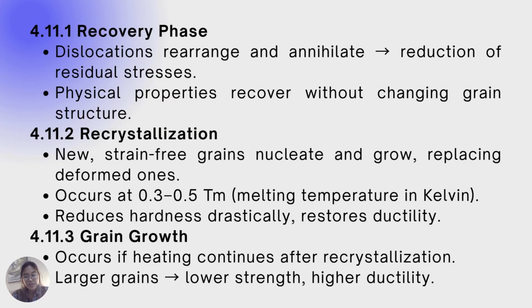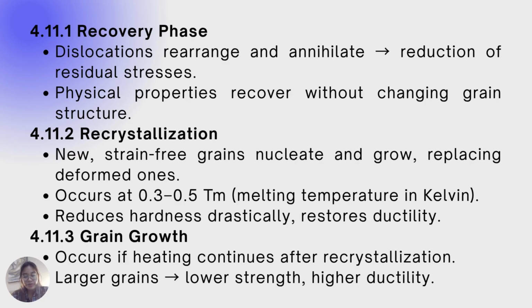The internal stresses are partially relieved, but the grain structure remains the same. The effect is that electrical and thermal conductivity improves. However, mechanical properties such as hardness and strength change very little. This stage mainly helps stabilize the metal before further heating.